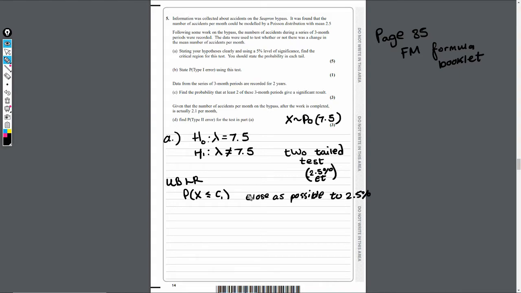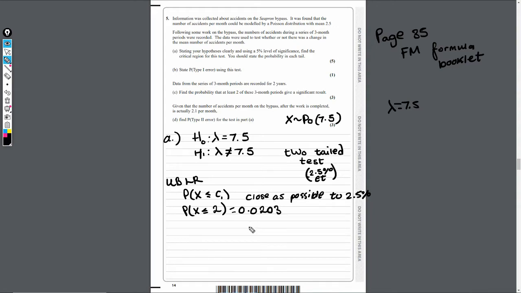So how do I work out this C1 value? All you've got to do is use the tables in the formula book. If you go to page 35, make sure you're looking across at lambda equals 7.5, because that's our model. Then you go down and you want it to be as close to 2.5%. The closest one there is when the probability for X is less than or equal to 2, because the value here for 2 is 0.0203.